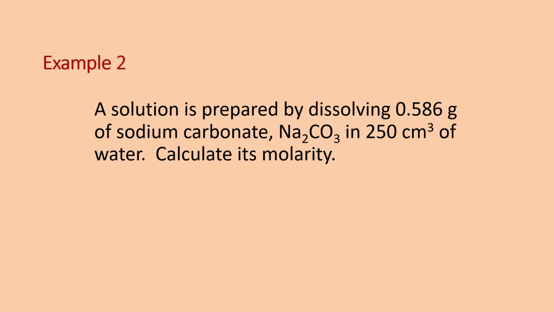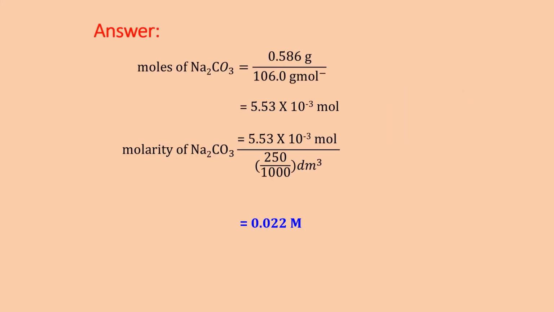Example 2. A solution is prepared by dissolving 0.586 gram of sodium carbonate in 250 cm³ of water. Calculate its molarity. For the answer, mole of sodium carbonate, insert the mass of sodium carbonate, which is 0.586 gram, divided by the molar mass of sodium carbonate.